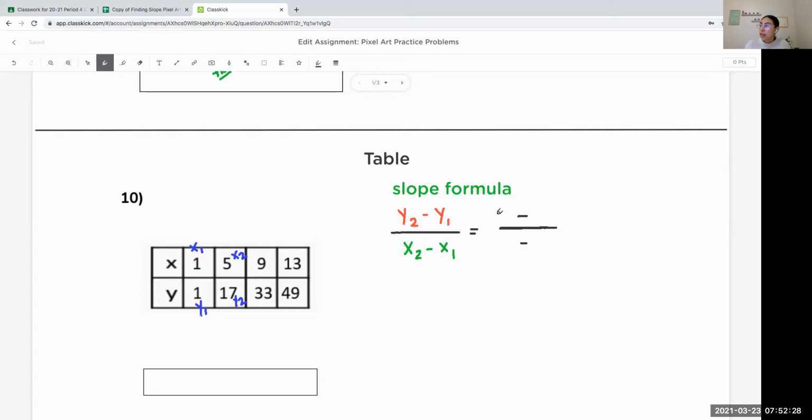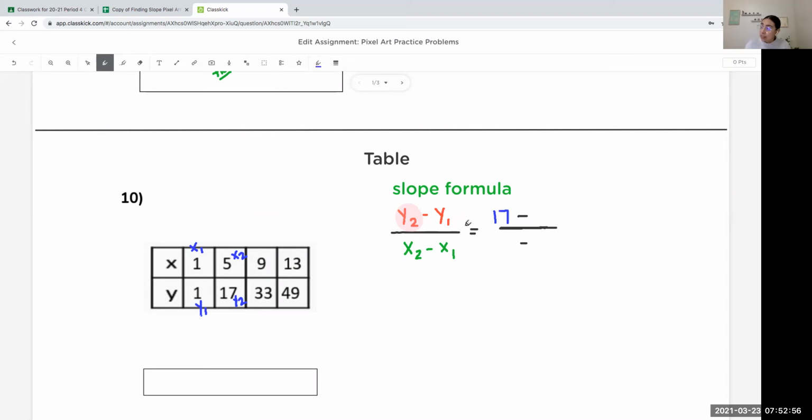So I'm going to get some help from you guys. The first number here has to be y2, my second y. So when I look at this table, what number did I pick for my second y? Yes, 17, which means I will write 17 in the front.